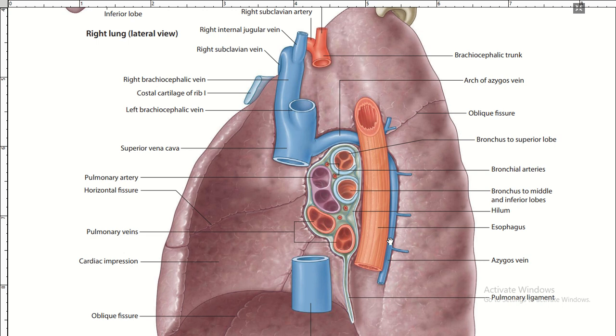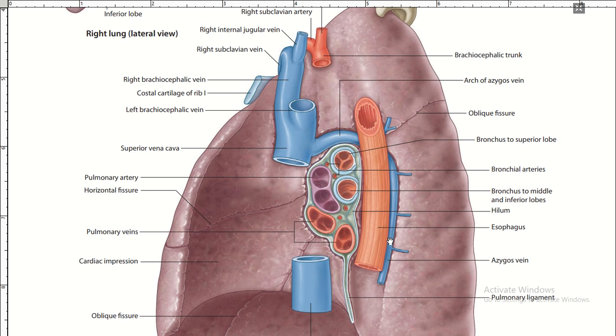A respiratory circulation involves the blood that is going to the alveoli to undergo gaseous exchange. So this involves your pulmonary arteries, right?